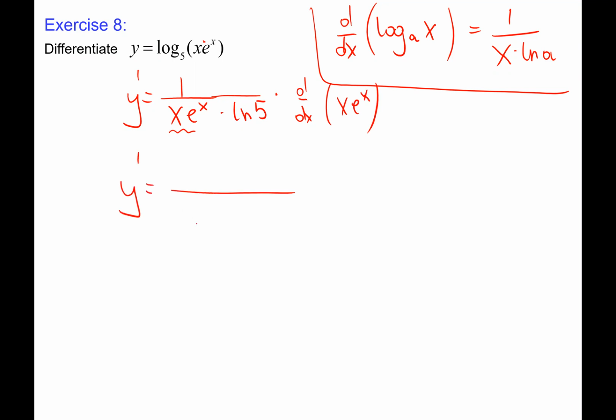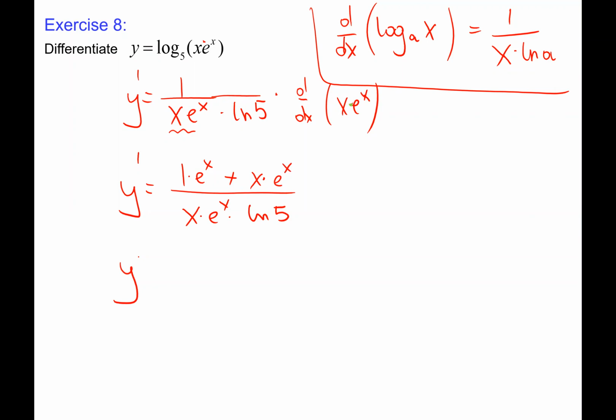I can keep x e to the x and natural log of 5 in the denominator, and on the top I will place this derivative, but we have to remember the product rule. Derivative of x is 1 times e to the x plus x, and derivative of e to the x is just e to the x.